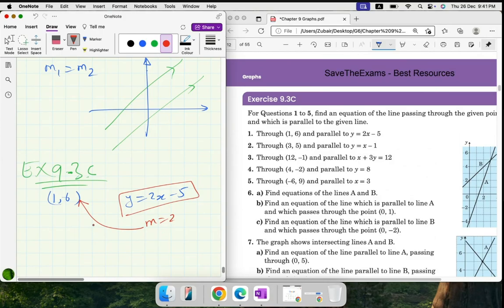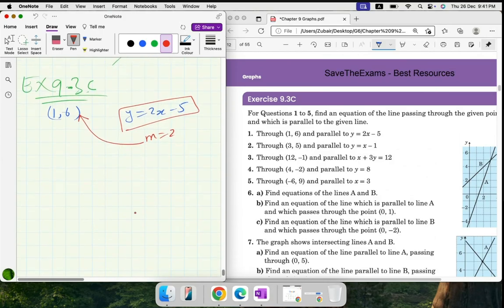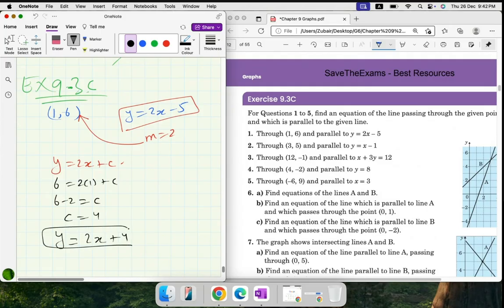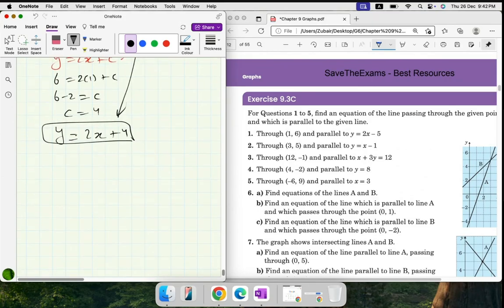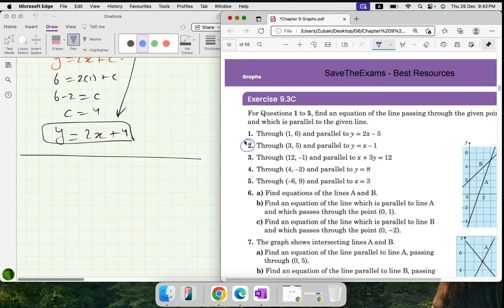We can use this information and the point to find the new equation. So y is equal to 2x plus c, and the point gives 6 minus 2 is equal to c, c is equal to 4. So finally the equation is y is equal to 2x plus 4. These two lines are parallel, but the y-intercept is different because it passes through a different point. Concept of parallel line: gradient is same. Try question number 2.